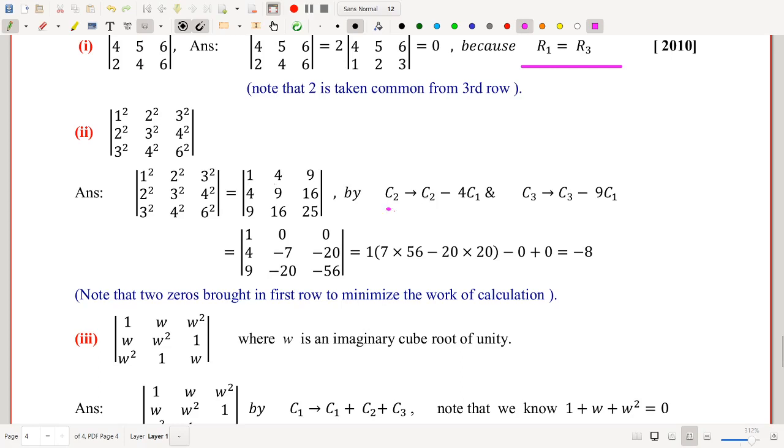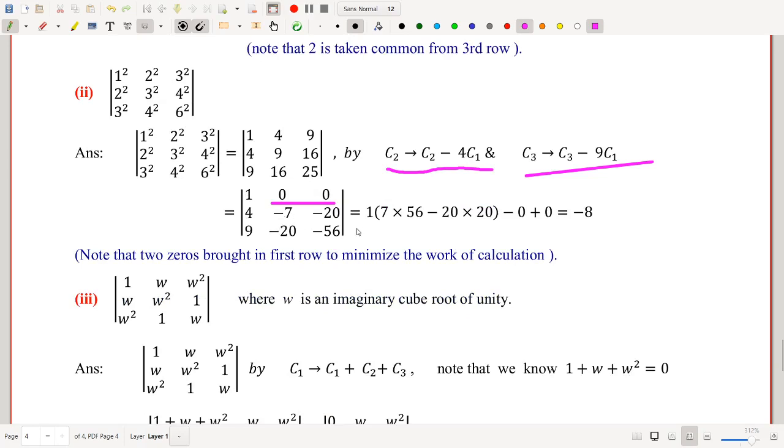That's the operation I have written here. C2 changed to C2 minus 4C1 means second column minus 4 times first column, so that this element becomes 0. Then C3 changed to C3 minus 9 times first column, so that this 9 will give us 0 here. 2 zeros we have got using these operations, and accordingly of course we have done the other calculations.